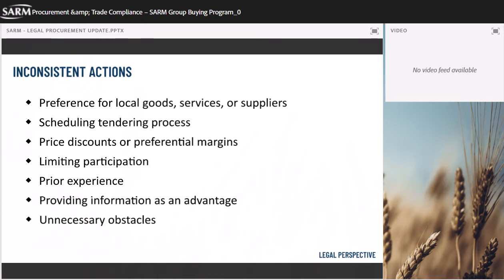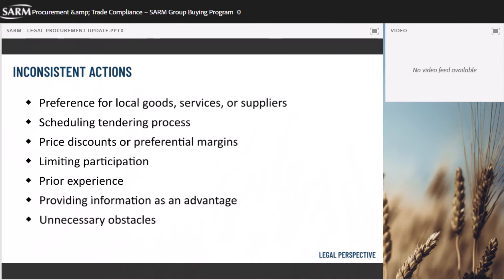Limiting participation. It's interesting that this legislation notes that you can't limit participation to suppliers that have previously been awarded one or more contracts. In the past, officials were seeing a requirement that you, as a vendor, had participated in procurement or had existing contracts with a municipality, and that's inconsistent with the legislation as well.